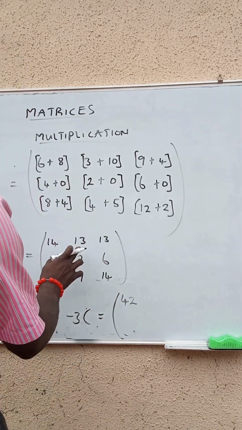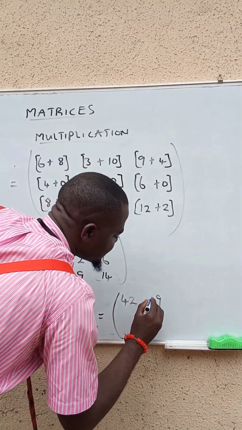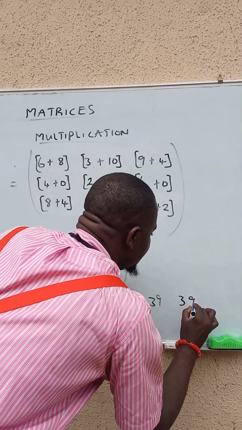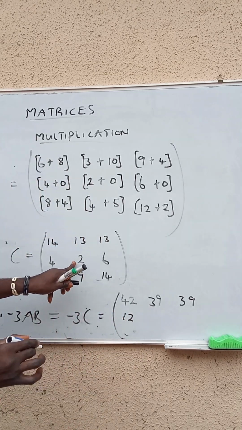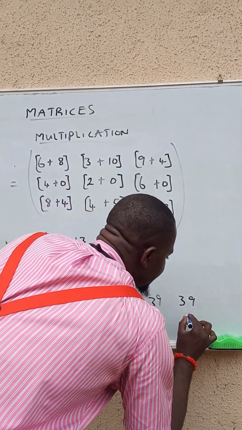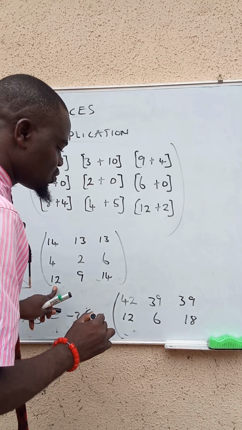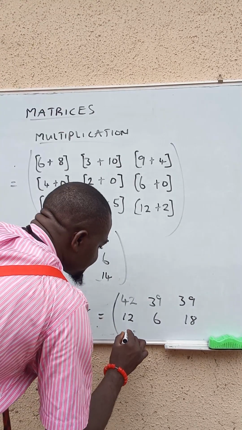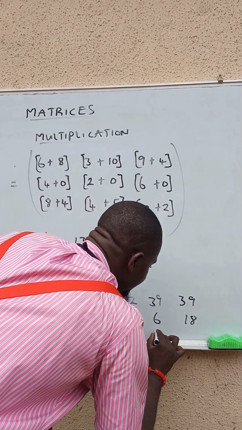Now, the same thing will happen here. 3 times 13: 3 times 3 is 9, and 3 times 1 is 3. You have 39. The same thing here, 39. Then you come here. 3 times 4 is 12. 3 times 2 is 6. 3 times 6 is 18. 3 times 12 is 36. 3 times 9 is 27.